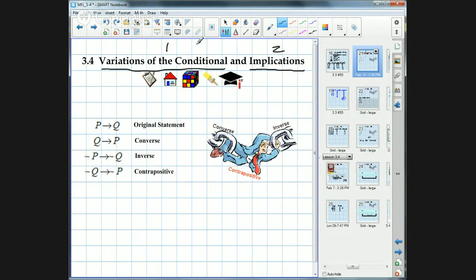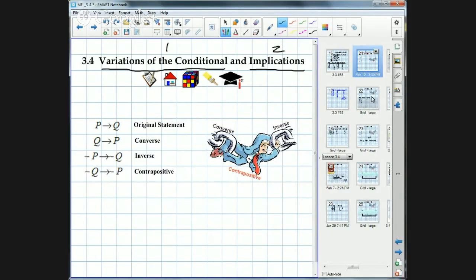Variations of the conditional, and you notice I've numbered it, it's like a two-part lesson. The first part is variations of the conditional, and the second part is something called implications. Okay, so that's all there is to that.